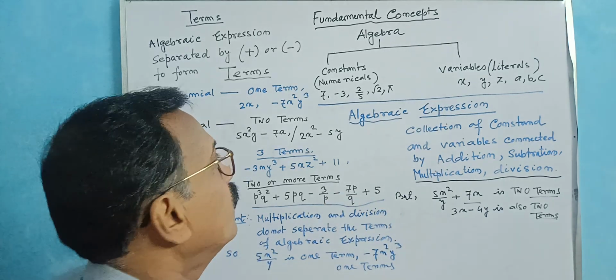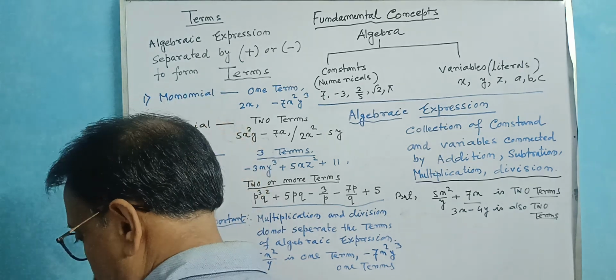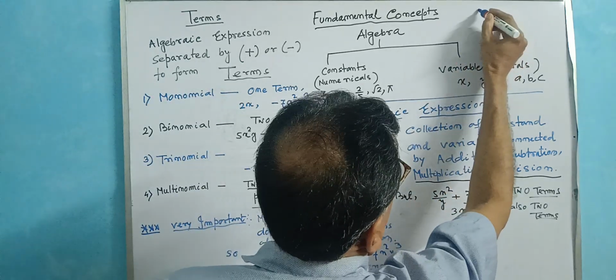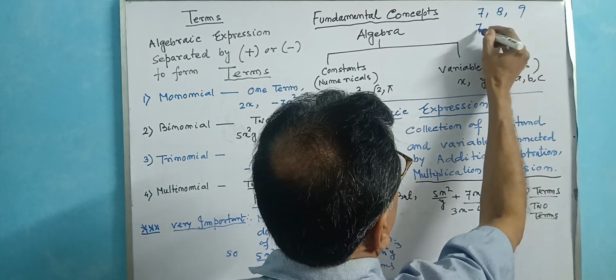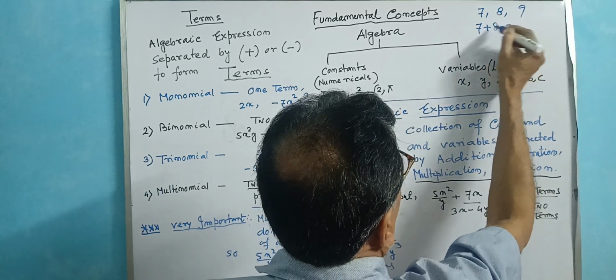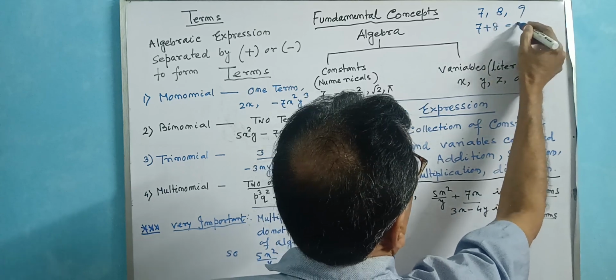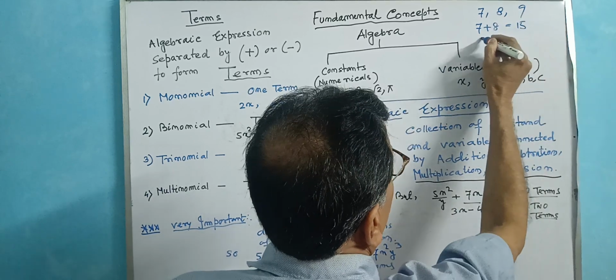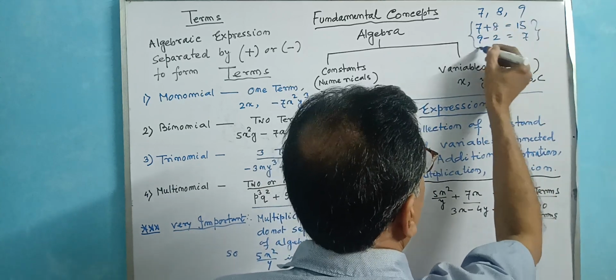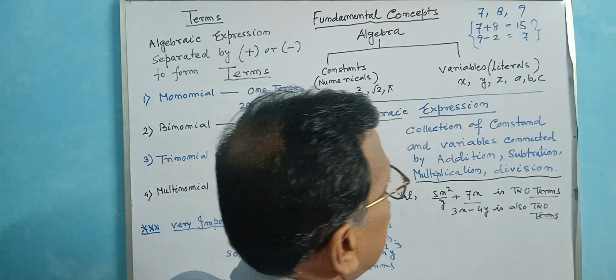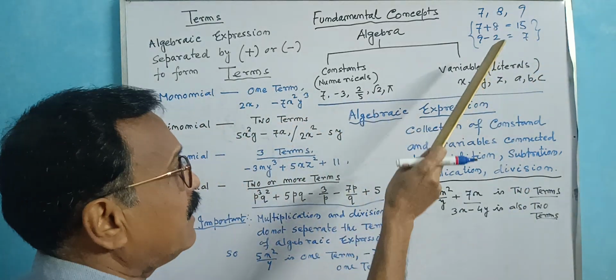You already know in arithmetic, 7, 8, 9, and you add 7 plus 8, that is 15. 9 minus 2, this is 7. These are the operations in arithmetic.